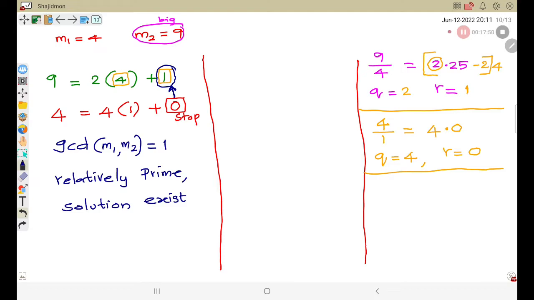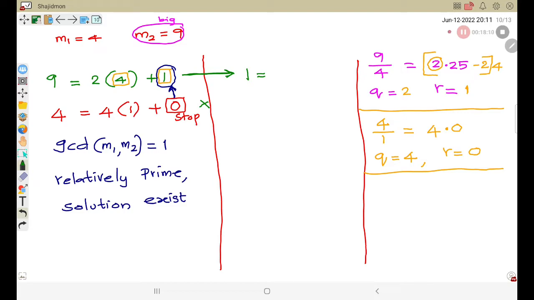So I hope you understood the first step: finding the GCD of two numbers. Now write this step in reverse order. Here there is only one step; the 0 step we are not writing, only the steps above. From that you can write 1 equal to, as you remember from the last section, writing the linear combination.